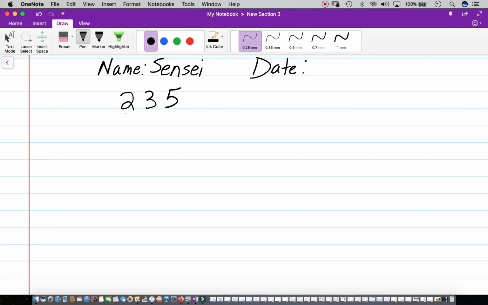Good, 235. Alright, now if we want to put this number into expanded form, we have to add up each digit place value. So I have 3-digit place values in this number. The 5 is in the ones place, so I'm going to write ones.